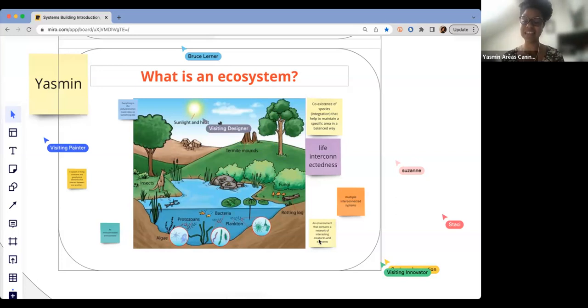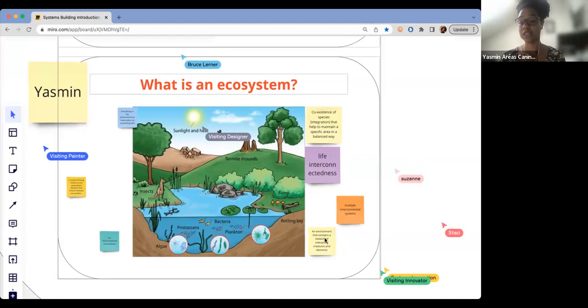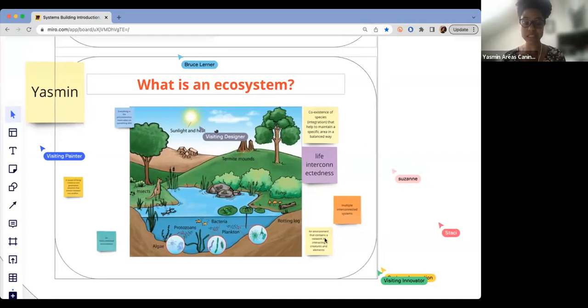And in general, the definition that I wanted to give of ecosystem here is a bit of everything that you've all mentioned. It's basically a network of diverse actors or elements that create this ecosystem through a variety of different relationships.